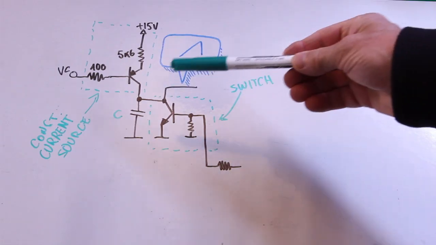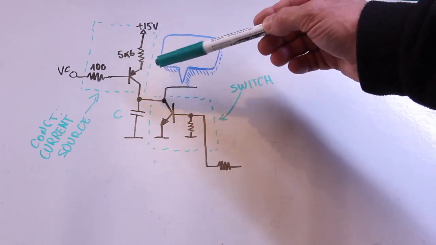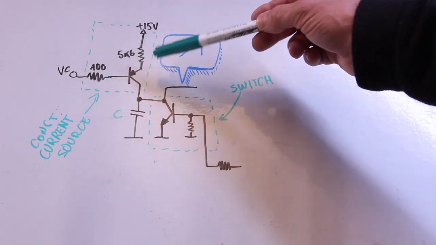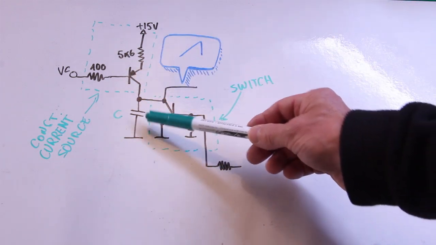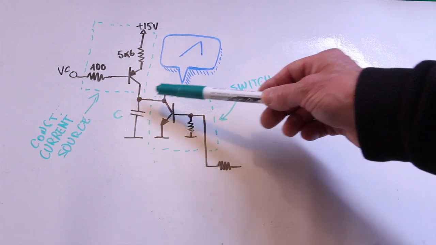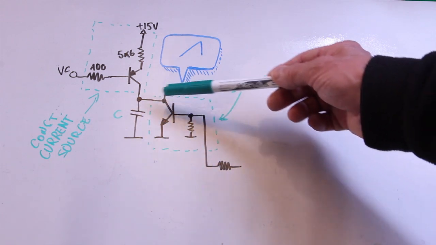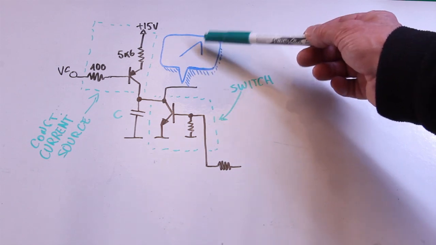The core part of this oscillator is the ramp generator, which is formed by a current source that charges a capacitor with a constant current, and a switch that shorts the capacitance when the voltage reaches a given level.